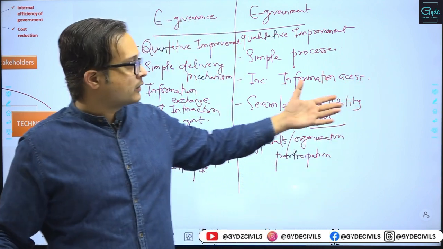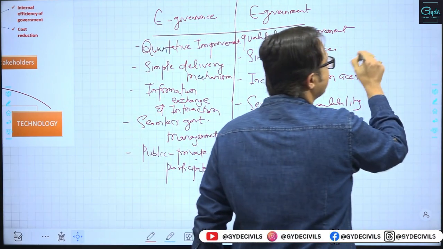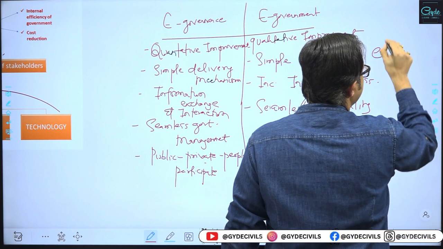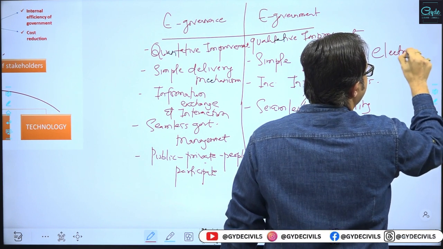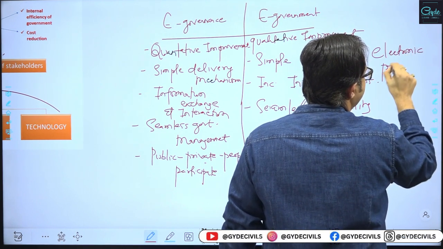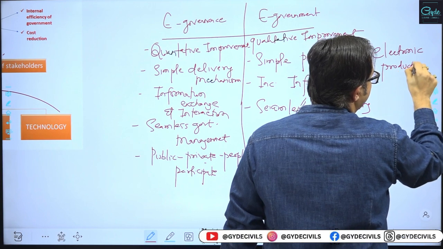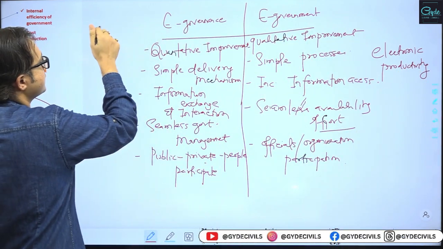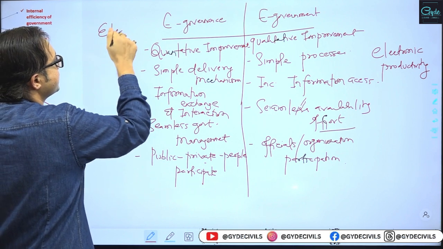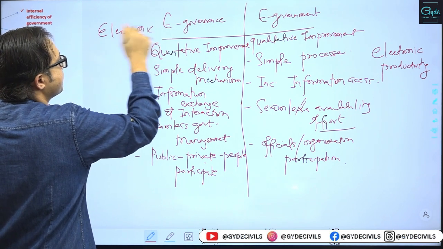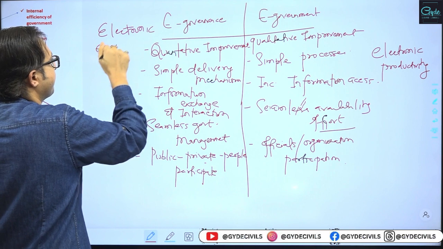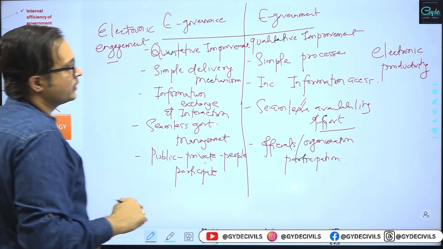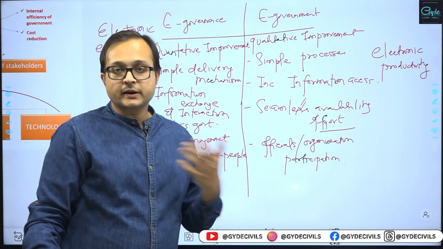This increases electronic productivity, rather this e-governance increases electronic engagement. Right? This only improves the work pattern.